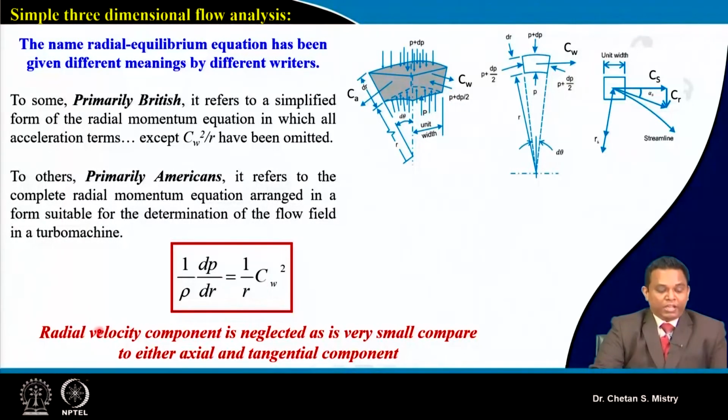The thing is, the radial velocity component we are considering has a very small magnitude compared with the axial velocity and tangential velocity. That's the reason why in our simplified radial equilibrium equation we do not have any term correlating to my dr.